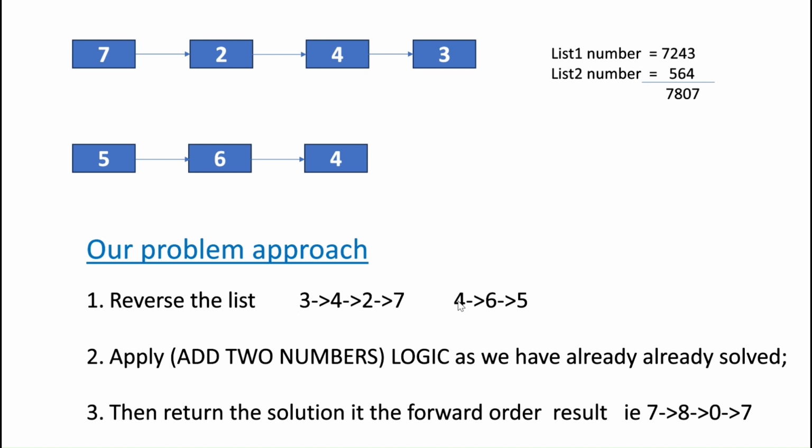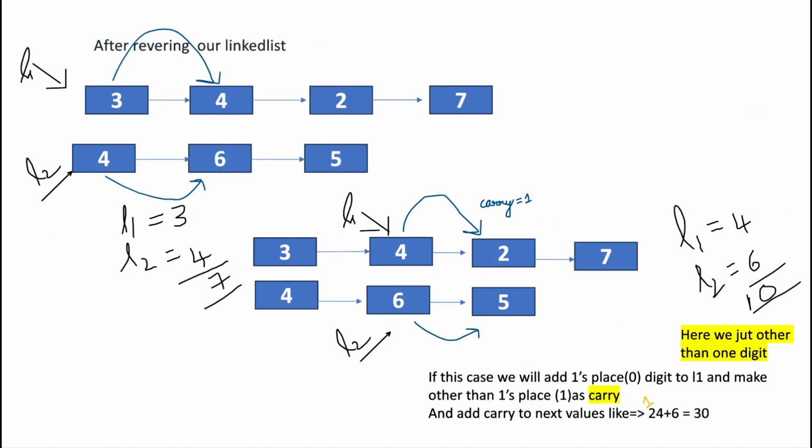Now this is the least significant bit side. Hopefully you have understood it. Now this L1 is list 1, and this L2 is list 2. These are the pointers, pointing to the heads of the L1 list and L2 list.